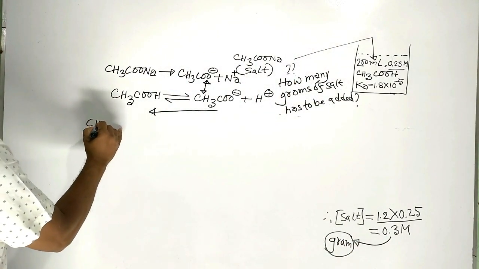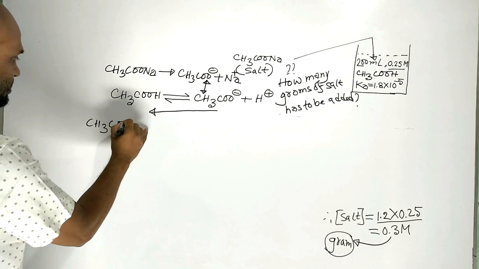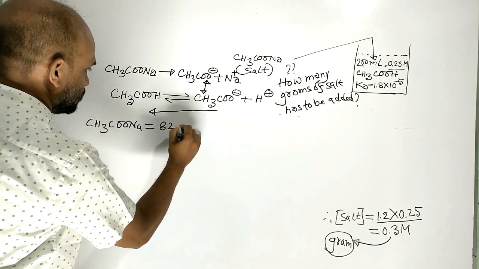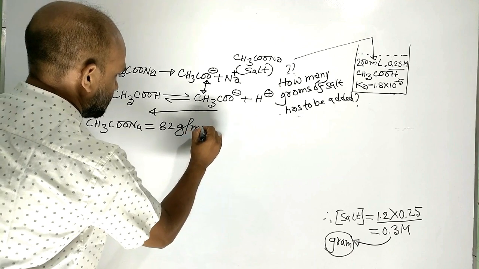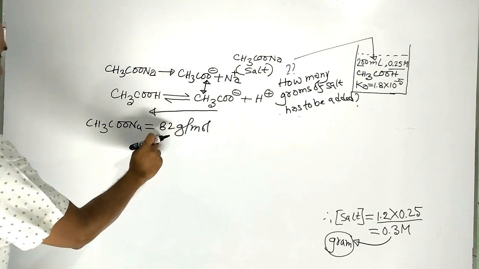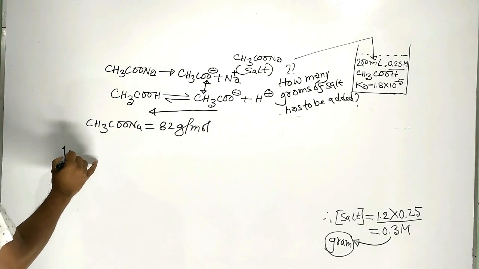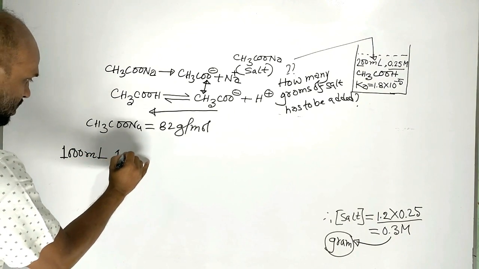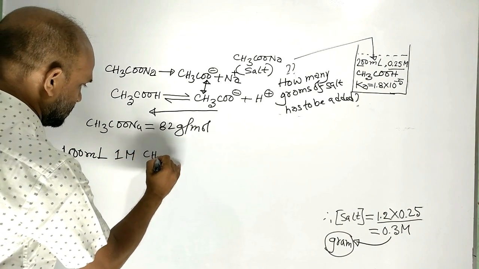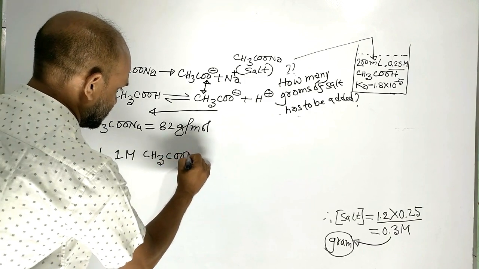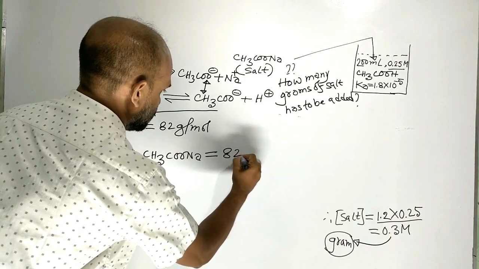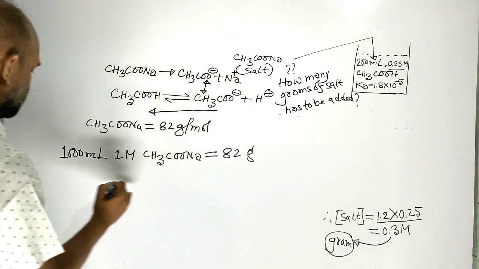We know the salt, sodium acetate, is equal to 82 gram per mole. It means 1000 milliliter of 1 molar sodium acetate is equal to 82 gram.